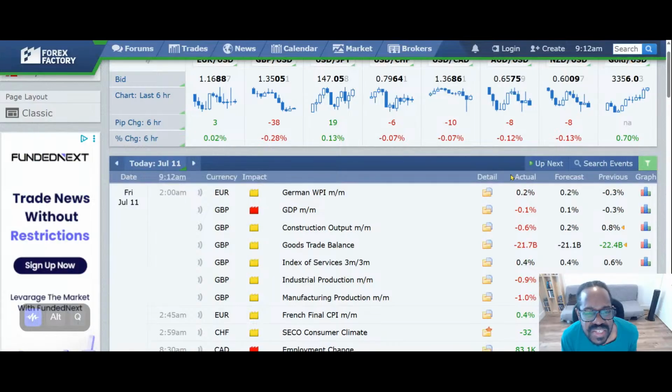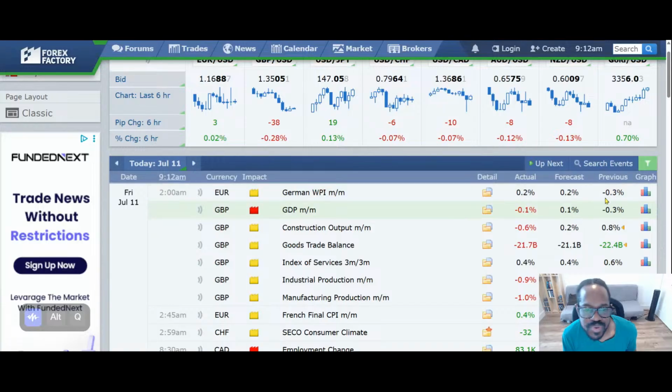Then I had the GDP month to month for the British pound, minus 0.1%, but 0.1% positive last month, minus 0.3% last month. So pretty good. Overall, sometimes if the actual is lower than the forecast, it needs to be higher than the previous month.